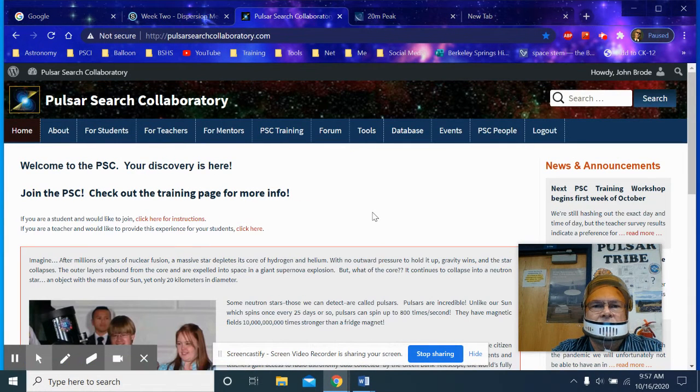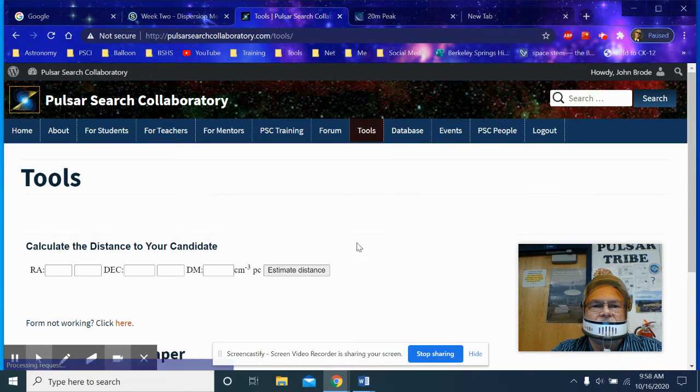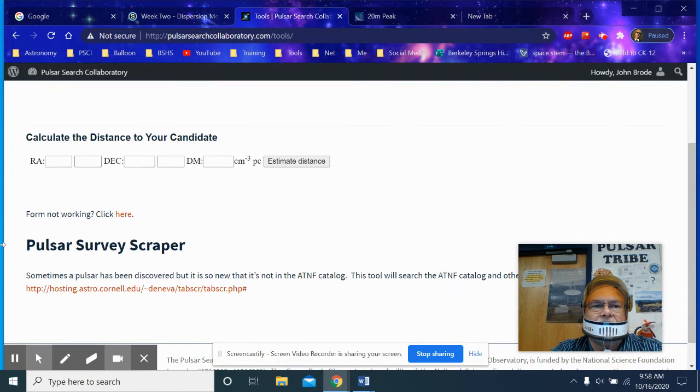And this will be what it looks like when you get in. The directions say click on Tools. And this window will pop up. We're going to take the information you just wrote down. Here's the RA. The one that I was using is 1509.